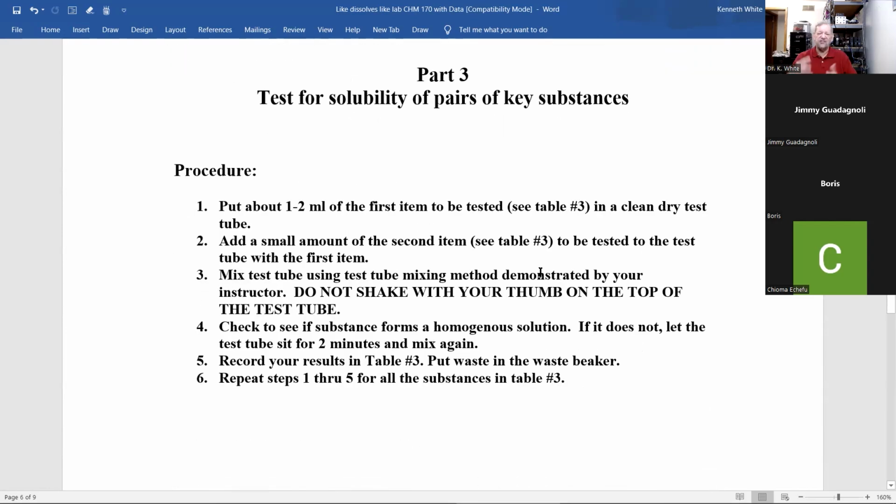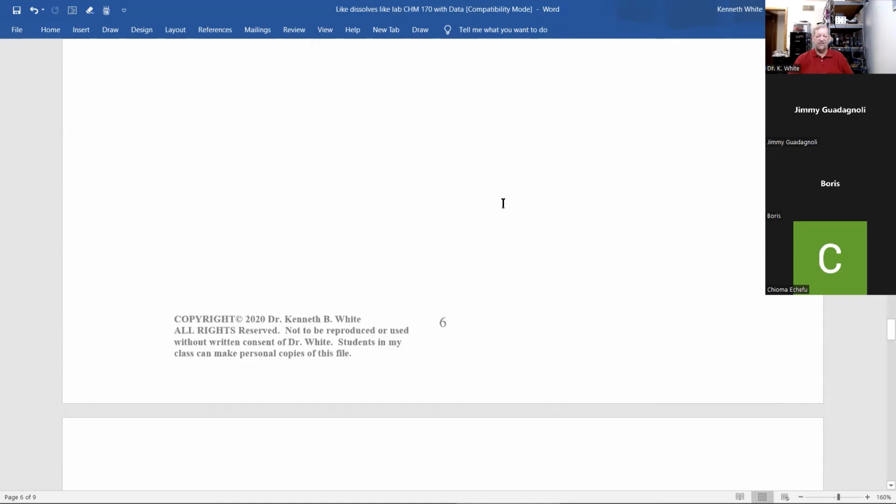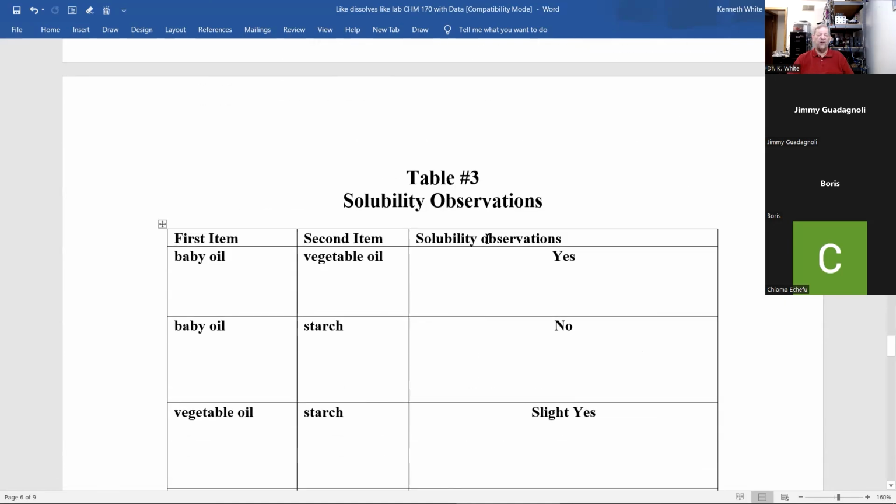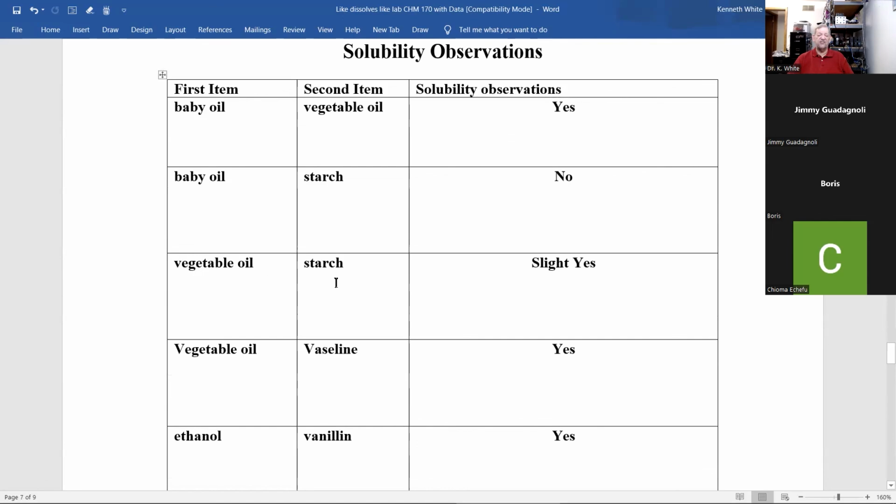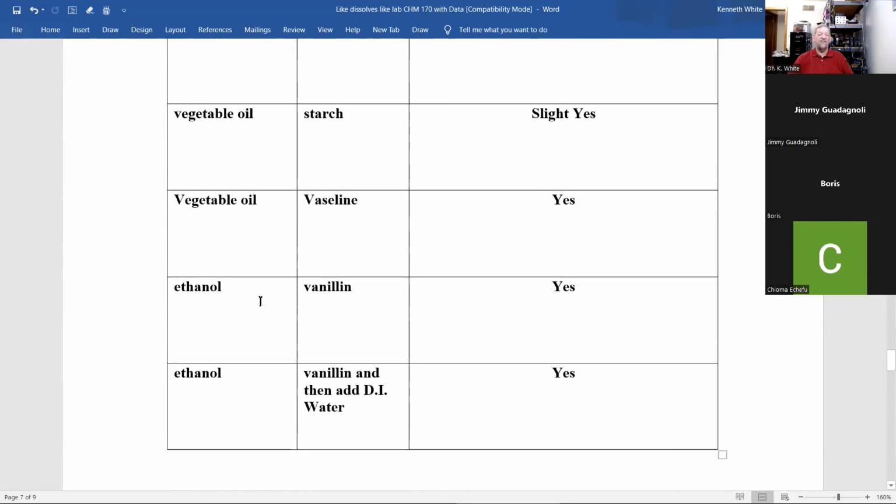Now, to have some fun, I also decided to let students mix some pairs of things that weren't on the list. And we have baby oil and vegetable oil, baby oil and starch, vegetable oil and starch, vegetable oil and Vaseline. I don't know why you do that, but it's fun to do.